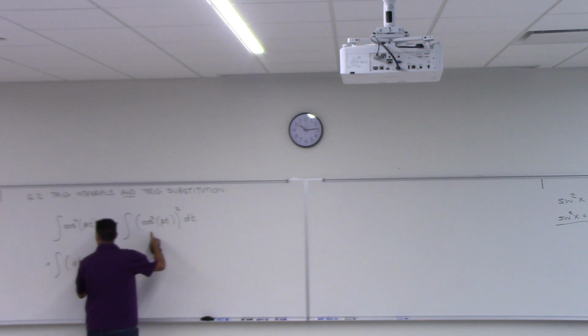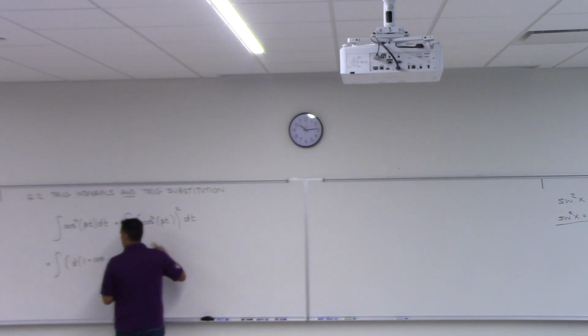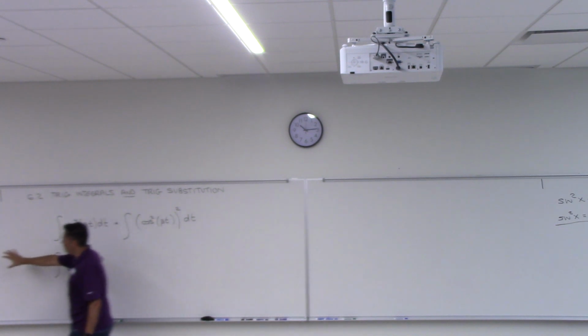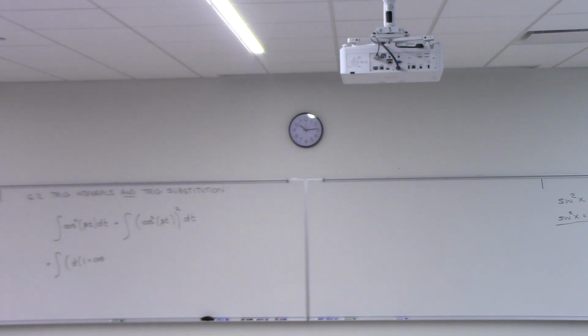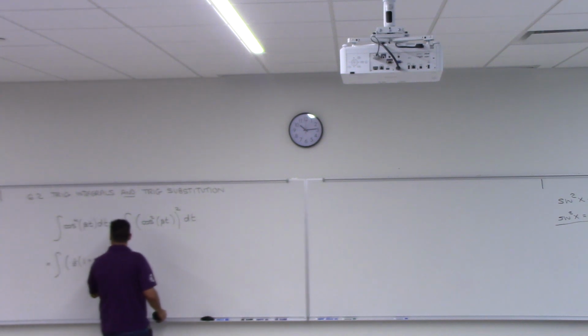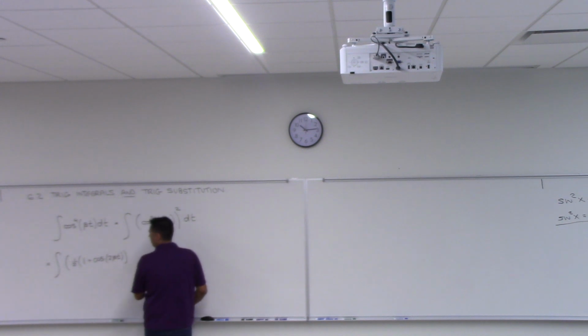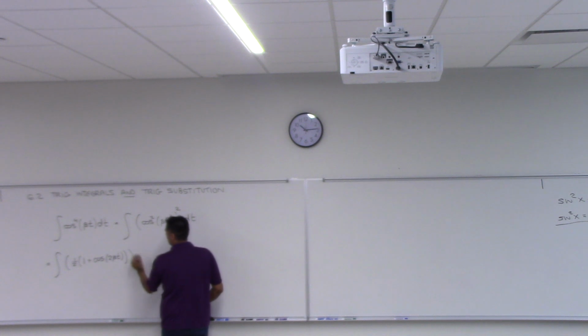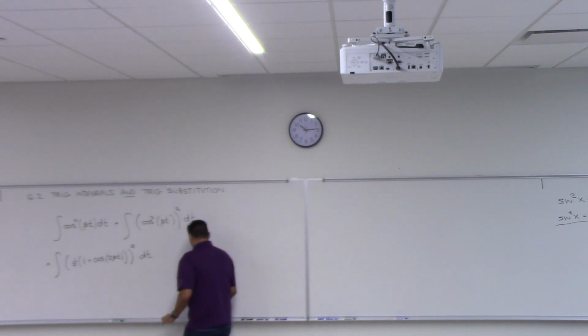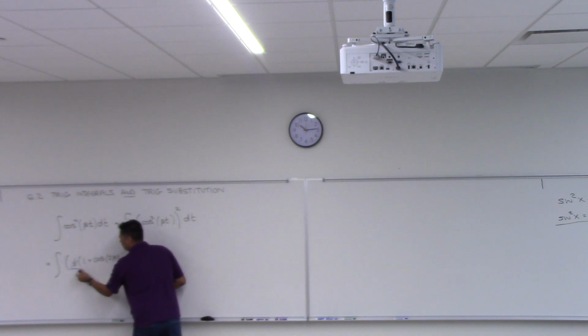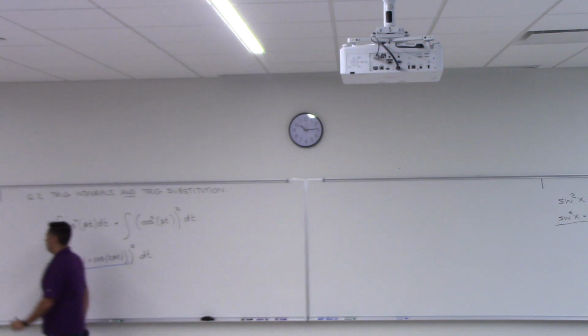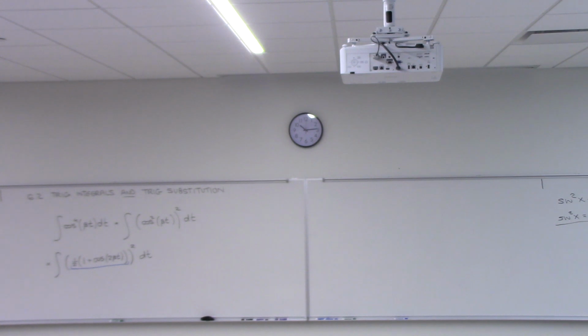It's 1/2 parentheses 1 plus cosine of 2 beta t, squared dt. Everything in blue here is this formula being applied, but with beta t instead of x.